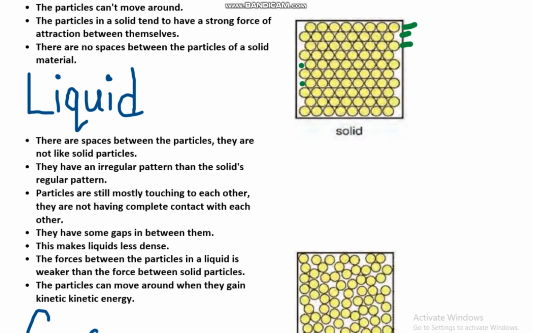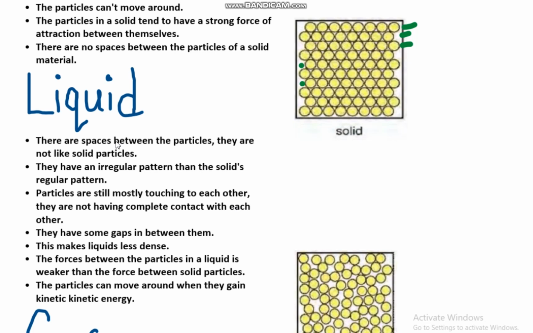And then second, they are not mostly touching each other, which causes them to have a low force of attraction between them. They have some gaps between them, not tightly packed like solids, and that's the difference. They have an irregular pattern, not aligned in one line.